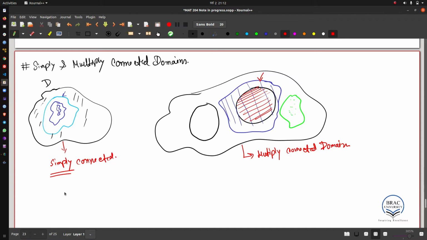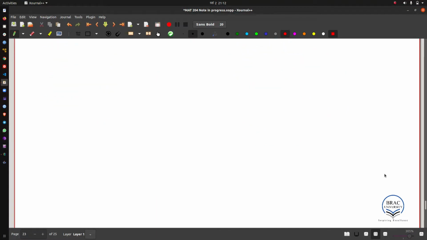Okay, and with that we now move on to the theorem that we have been talking about, that is Cauchy's theorem.